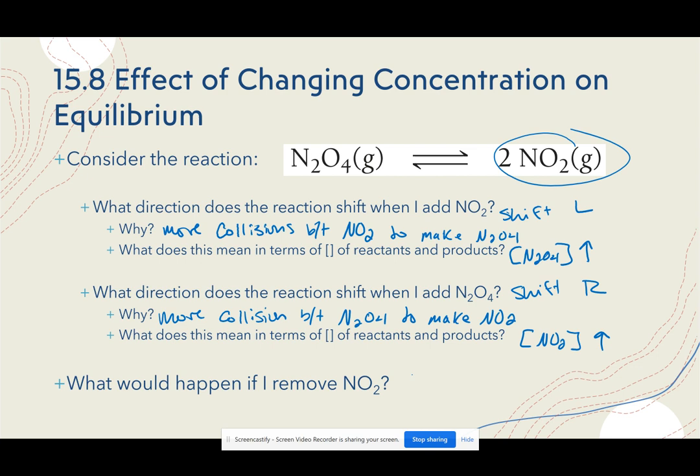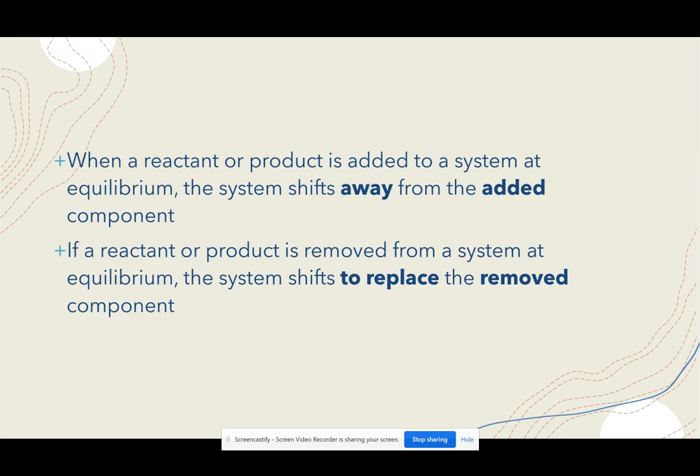And so what's going to happen is we're going to shift to the right to make more of that NO2 to replace what I've removed. In fact, that's a nice summary of what happens when we change concentration. The system is always going to shift away from anything you add because it needs to get rid of what you've added. The system will shift to replace anything that you remove.